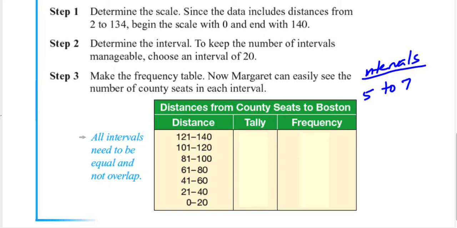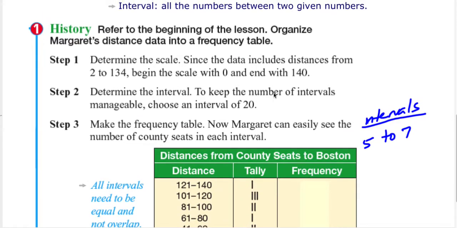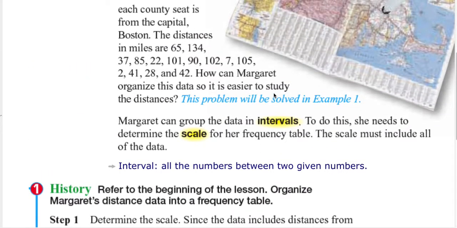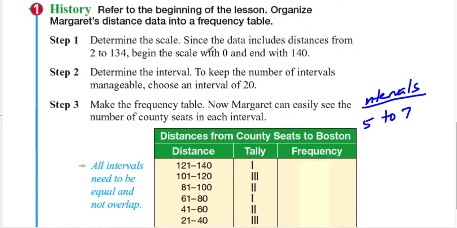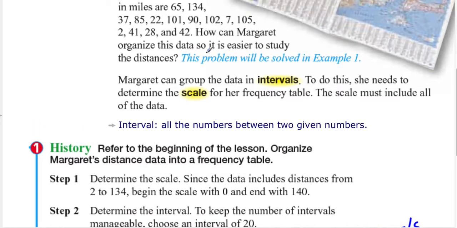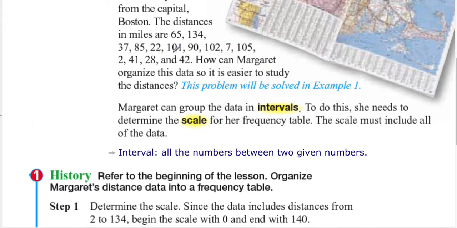Okay? And after doing that, we perform our tally marks. From 121 to 140, there is only one value, and that is 134, and that's the reason why there's only one tally mark. From 101 to 120, there are 3 values. Okay, so from 101 to 120, that would be 101, 105, and 102.